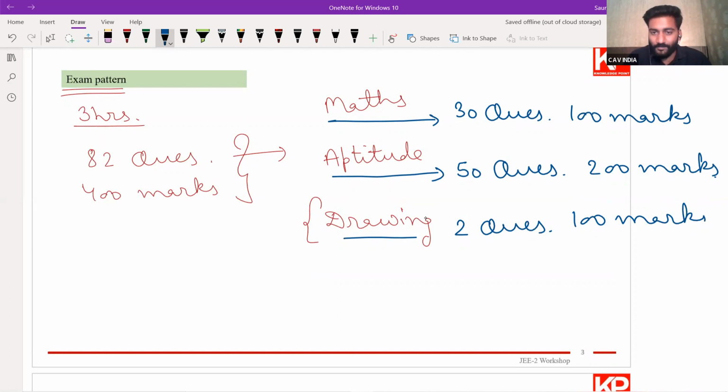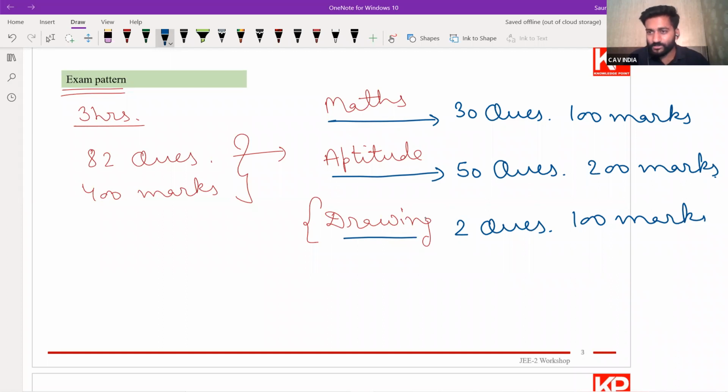For the aptitude part, out of these 50 questions, there are some standard categories in which they ask questions. Those categories are like visualization, in which they can ask, if this is the top view of any of the given 3D object, what is the front view of it, or what is the view of it if you look at it from the direction of the arrow. Then there are other categories.